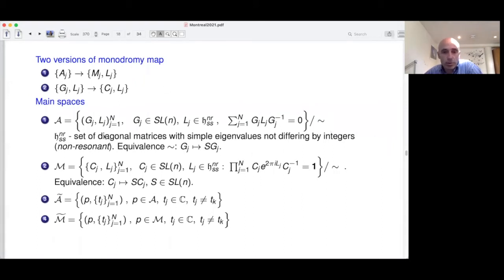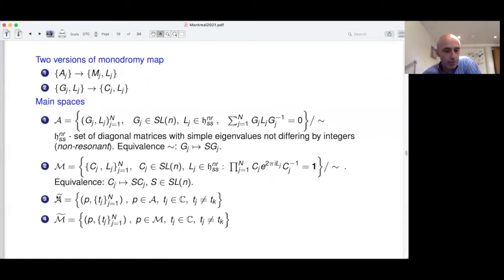Now, this is the analog of the Lie-Jeffrey space. And this A is just the space of eigenvalues and eigenvectors of the residues. And then there is some equivalence relation here, by simultaneous conjugation, a kind of technicality.